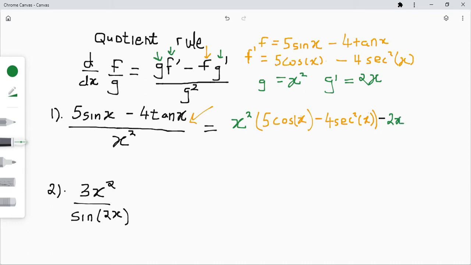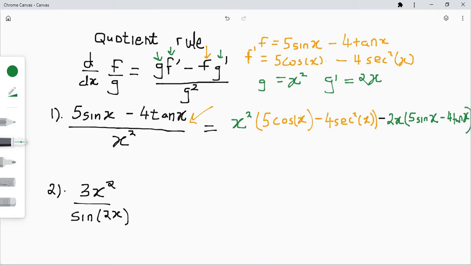Then let's put our f. Our f is going to be, open brackets, 5 sine x minus 4 tan x. I hope it's clear.